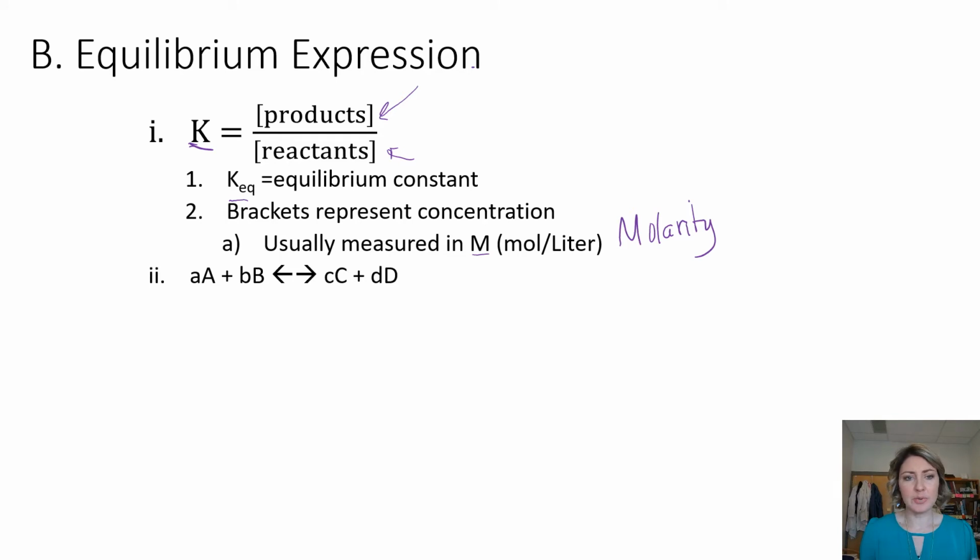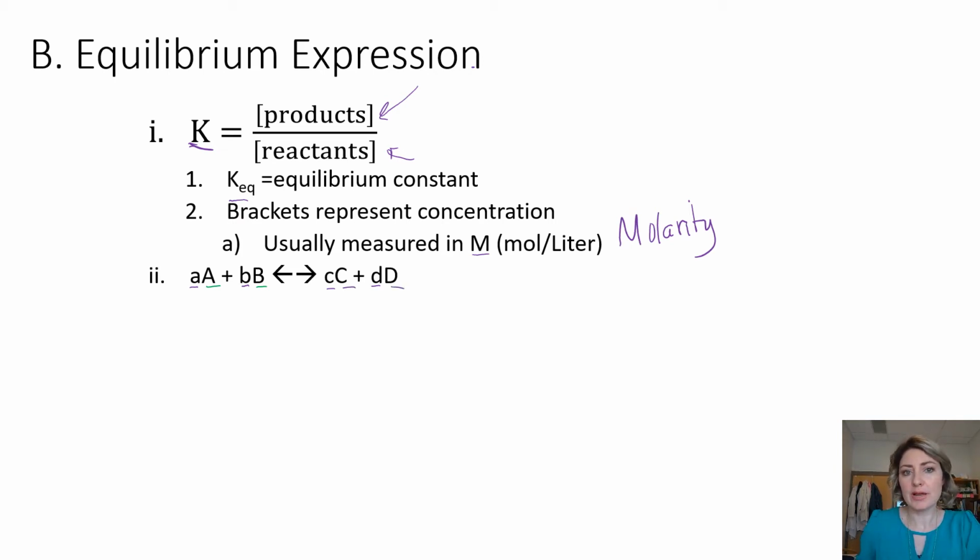Let's start by using a very generic equation where your lowercase letters here are representing coefficients, and I wish C looked a little different, and your uppercase letters are representing reactants on this side and products on this side.